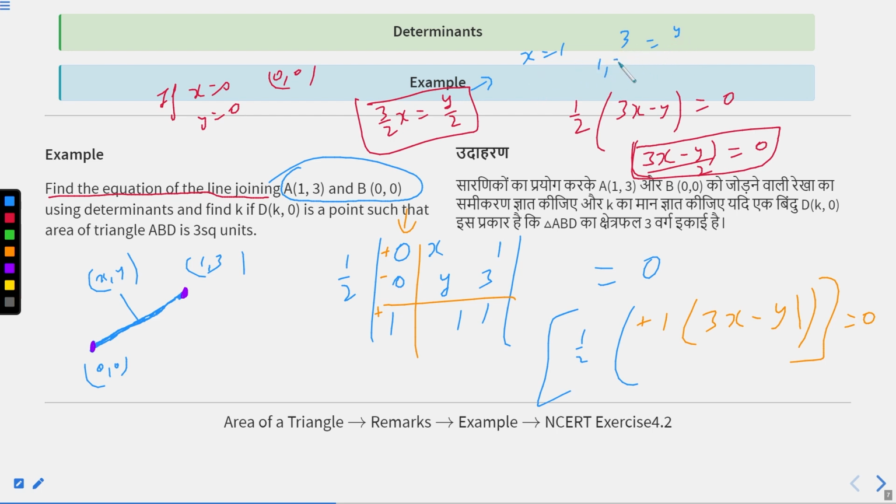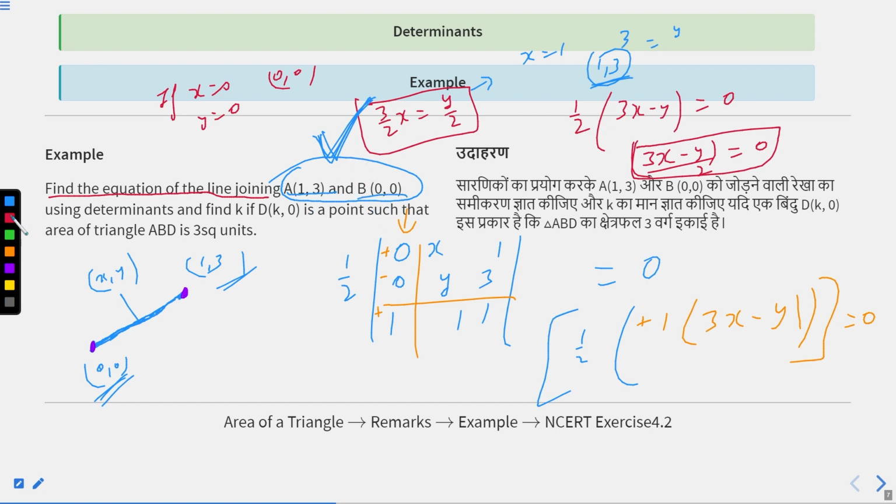So x is 1 means y is 3. You verified your equation: if x is 0, y is 0, that is 0 comma 0. If x is 1, y is 3, that is 1 comma 3. So this is your equation of the line which joins the 2 points 1 comma 3 and 0 comma 0.